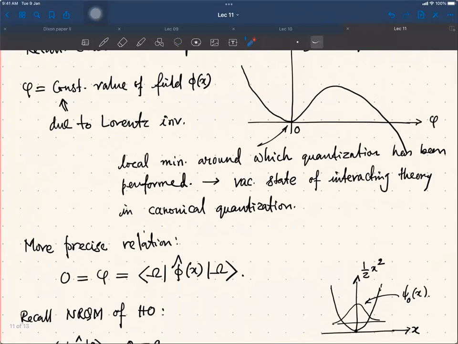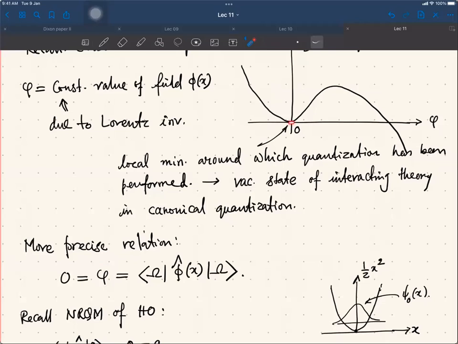If you calculate the minimum energy configuration, the kinetic energy is 0 because the derivatives are 0, then you will basically draw this potential for this constant field configuration and the minimum energy, and you have chosen this to be the minimum energy configuration.